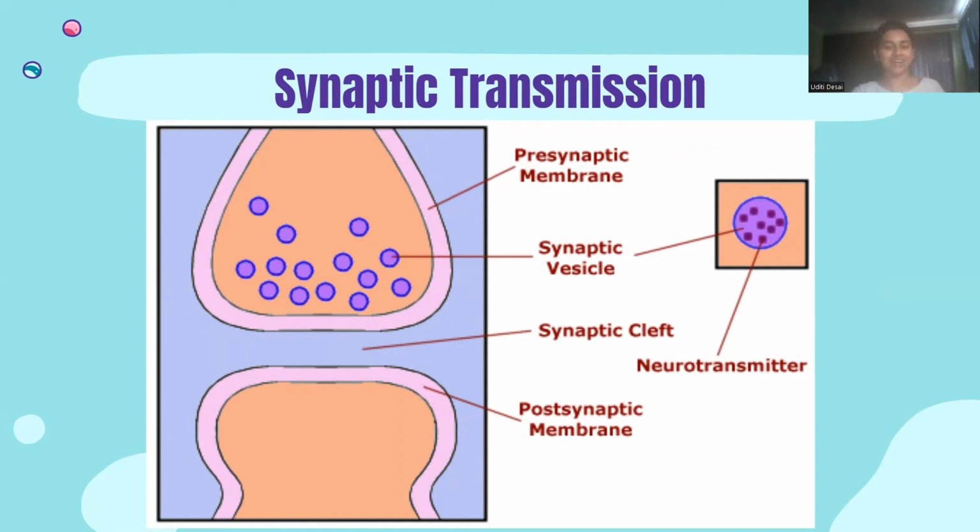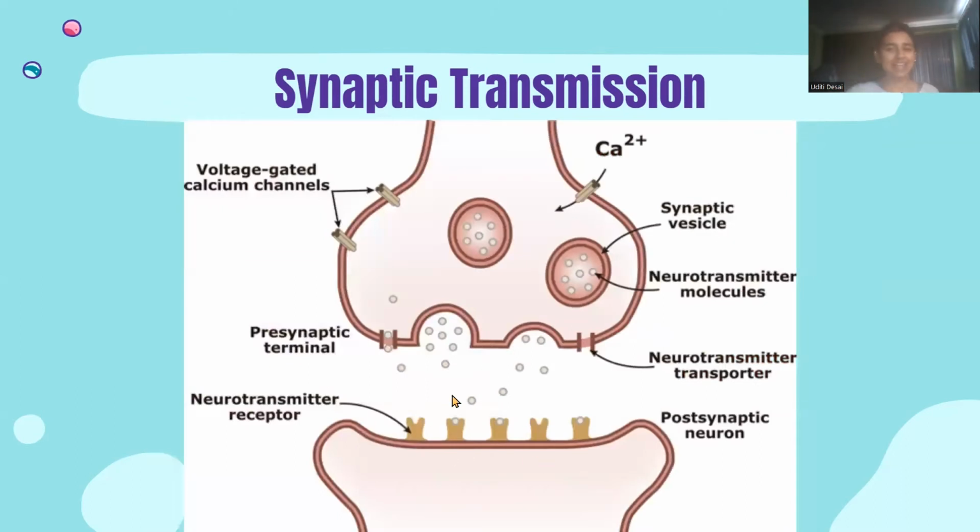So yeah, the neurotransmitter then travels across the synapse, here's a synapse, and over here to the postsynaptic neuron, and it's like a lock and key. The neurotransmitter is like the key, and the receptor is like the lock. It's a perfect fit.